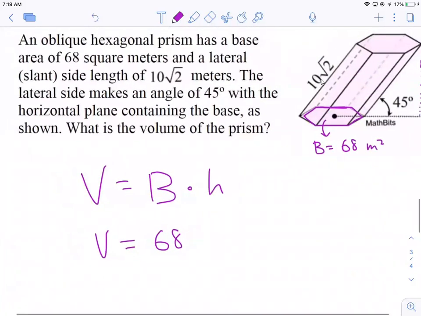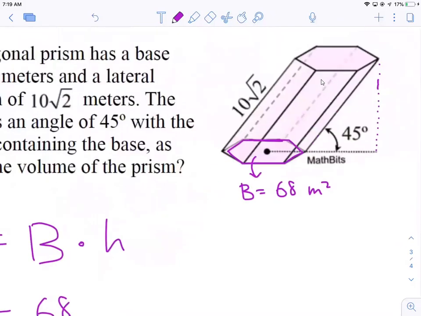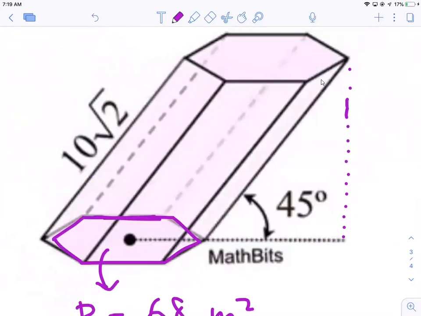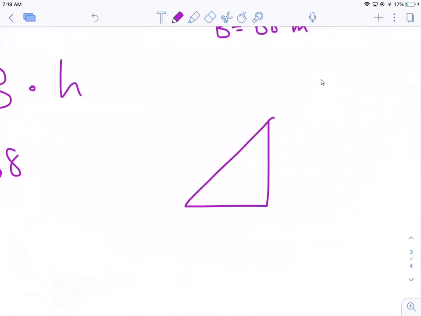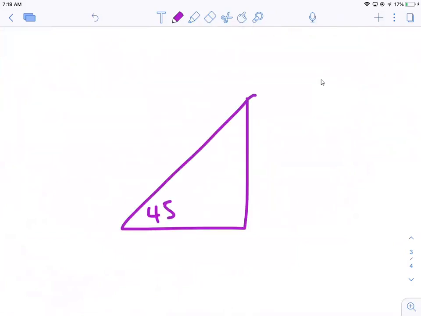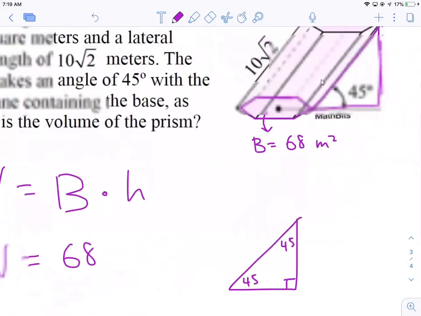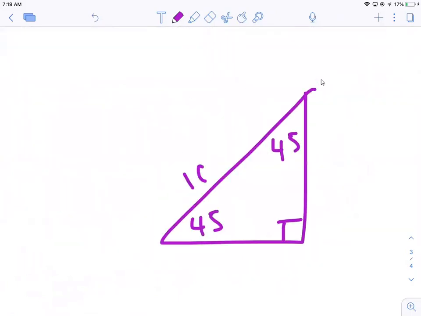The lateral side makes an angle of 45 degrees with the horizontal plane containing the base, as shown. What is the volume? So the height, well, I got a right triangle here. Even better than a right triangle, I got a 45, 45, 90 right triangle. Because they told us that was 45 degrees. And the slant height was 10 radical 2.